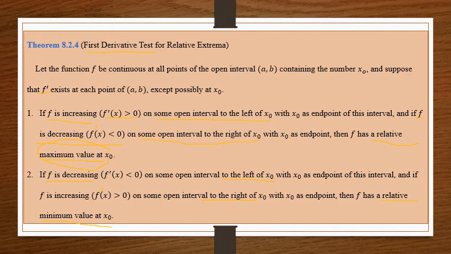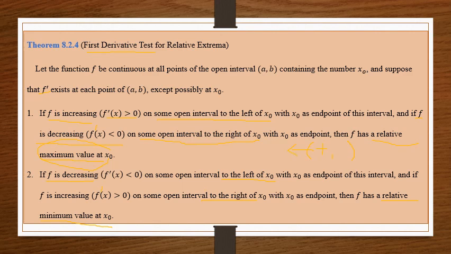So, summarize natin. Yung first, let's say, may interval tayo dito. And then, masasabi natin na may relative maximum daw siya if yung first derivative natin is greater than 0, which means increasing siya to the left. Ibig sabihin, positive siya dito. Yan yung papunta sa left, di ba? That is approaches to the negative infinity.